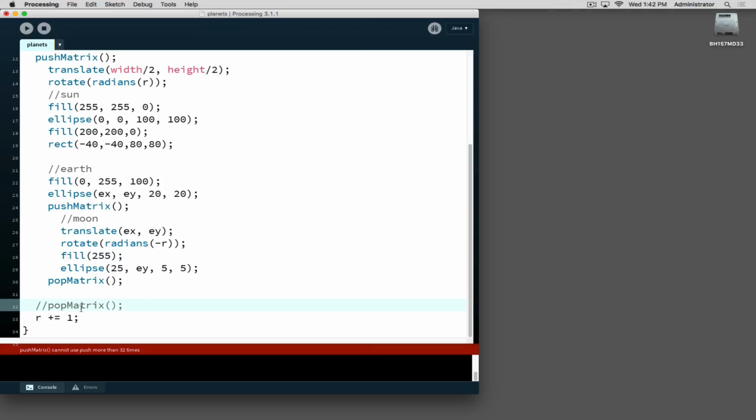So we need to make sure, and you'll find out the hard way, if you don't close your push matrix with a pop matrix, you will get that error message. You're like, what? Oh yes, whoops, I forgot. It happens a lot. If you get in the habit of, if you type push matrix, you hit return twice, type pop matrix, and then go back and put the code in it, just like doing curly braces, that will save you aggravation down the road.